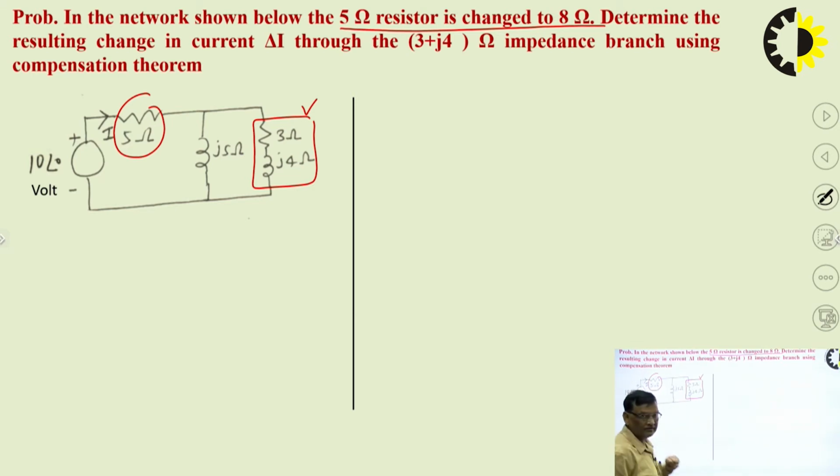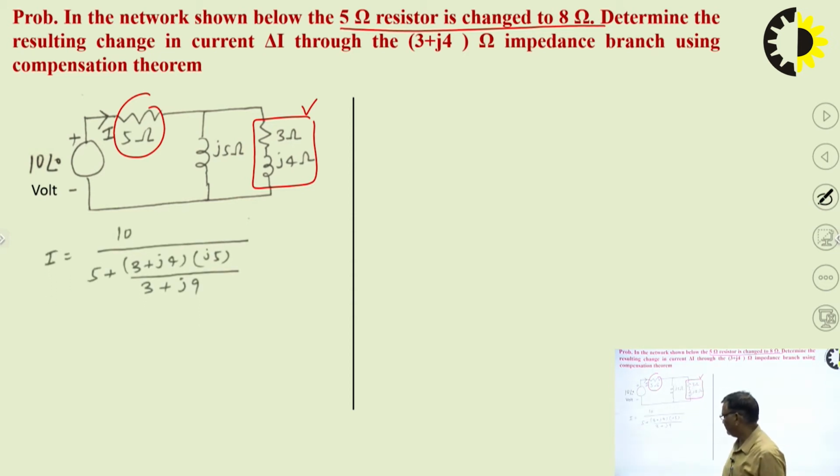First we will find the value of I. Once we get the value of I, we will multiply it with delta Z. That will be the VC, and that VC will be injected in this branch. We will replace this 10 volt voltage source by its internal impedance, and then we can find the change in current through the j4 ohm.